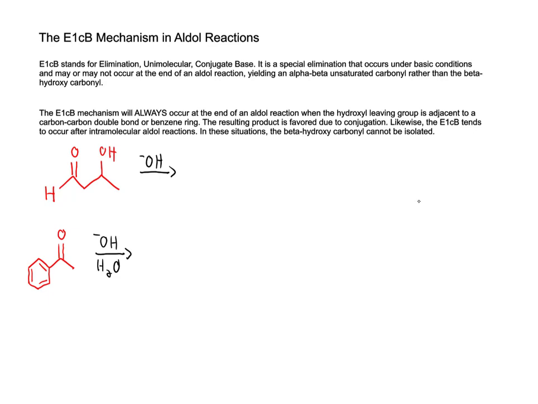We're taking the product from the previous reaction, and we're going to continue the reaction into the E1CB. What happens is we're going to remove this acidic alpha hydrogen with the base. That's going to create an enolate.